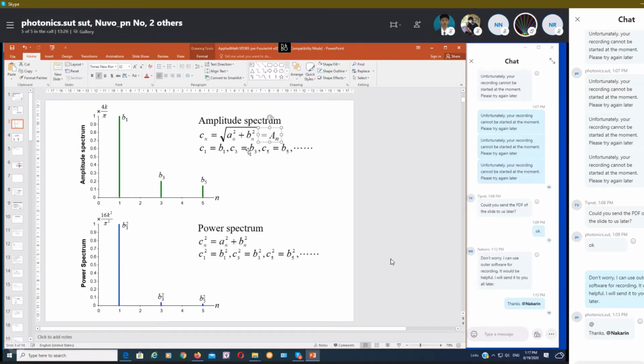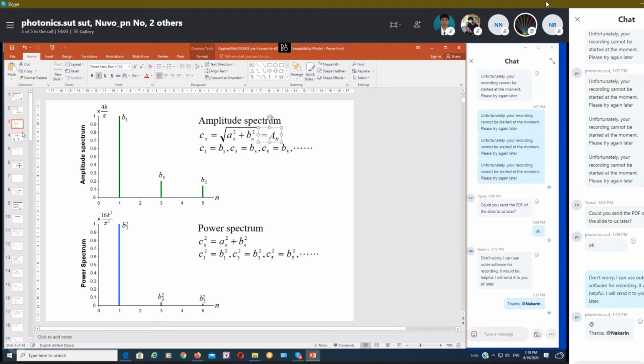C3 becomes C3 squared, C5 becomes C5 squared. Roughly it becomes like this. Any questions about this one? No?